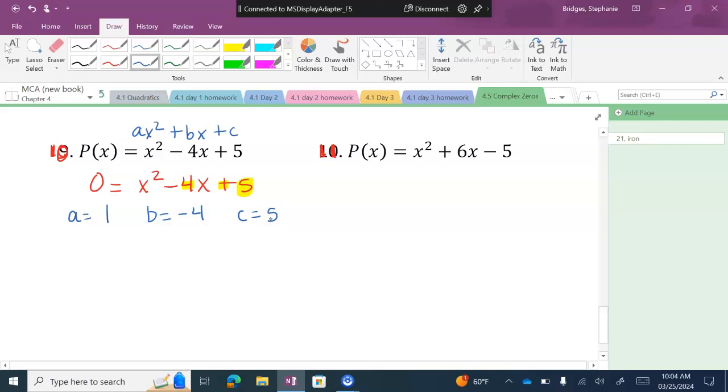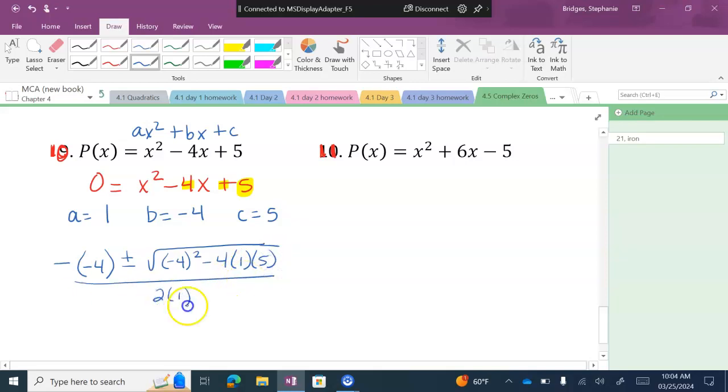Once I have a, b, and c identified, it is a matter of plugging them into my formula and simplifying it as much as possible. Sometimes we'll have radicals left, sometimes we won't, sometimes they'll simplify with imaginaries, sometimes they won't. So let's start. It's going to be the opposite of b plus or minus the square root of b squared minus 4 times a times c, all over 2 times a.